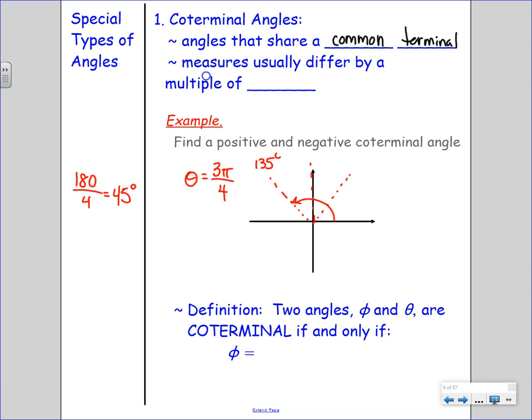Can anyone tell me any other way of getting to this exact place of 135 degrees or 3 pi over 4, going a different way than 3 pi over 4 or 135? Okay, so one way is that we want a positive and a negative coterminal. So we could also say we'll get to the exact same place if we go negatively, which would be, if you count it, 1/4, 2/4, 3/4, 4/4, 5/4.